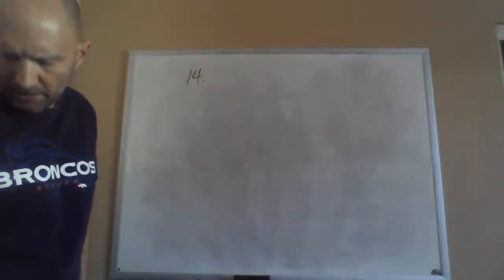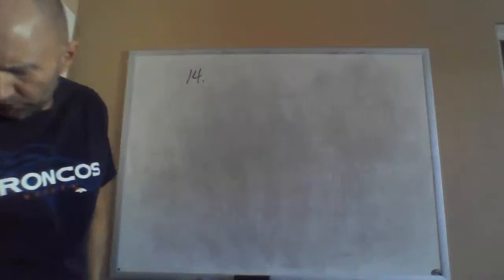All right, and the last one you guys had a question about was number 14. So we want to convert to polar. Check real quick. To polar, yeah, okay, that makes sense.